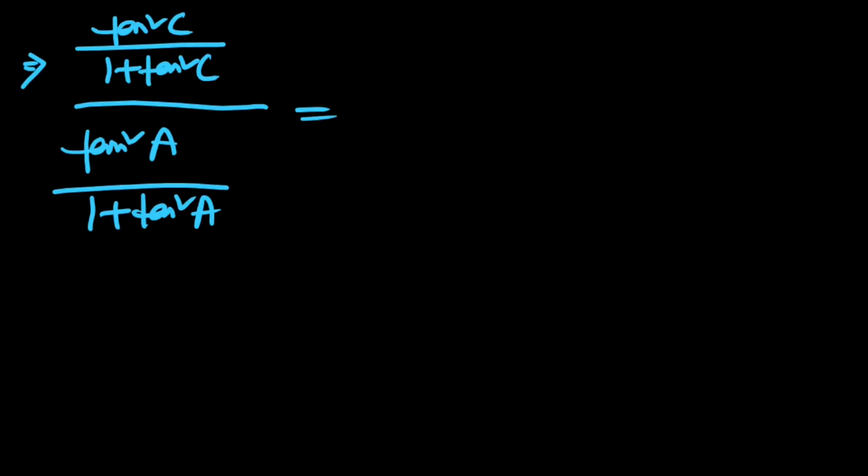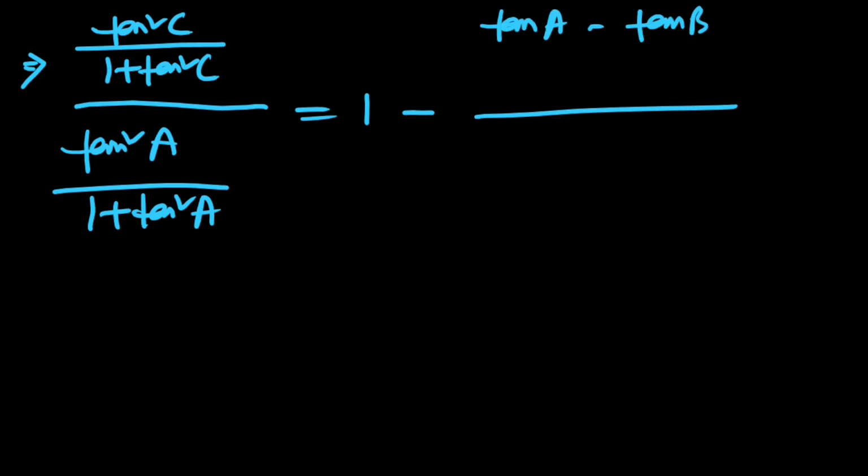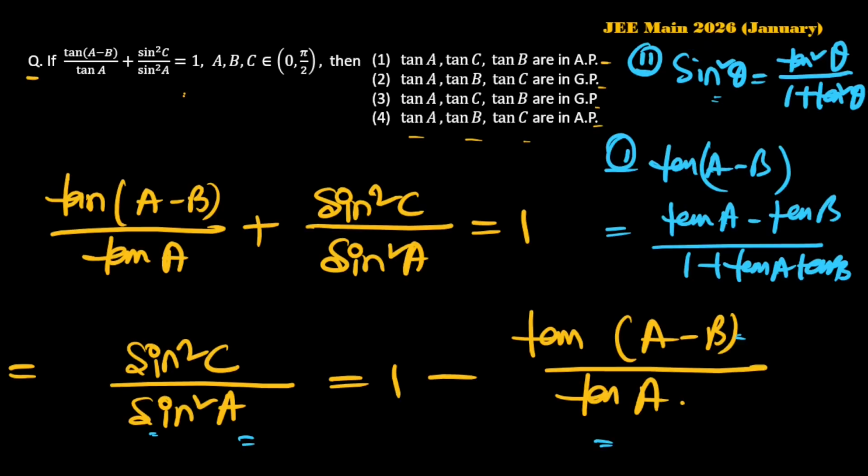So 1 minus tan A minus tan B over 1 plus tan A tan B, and tan A is the same.